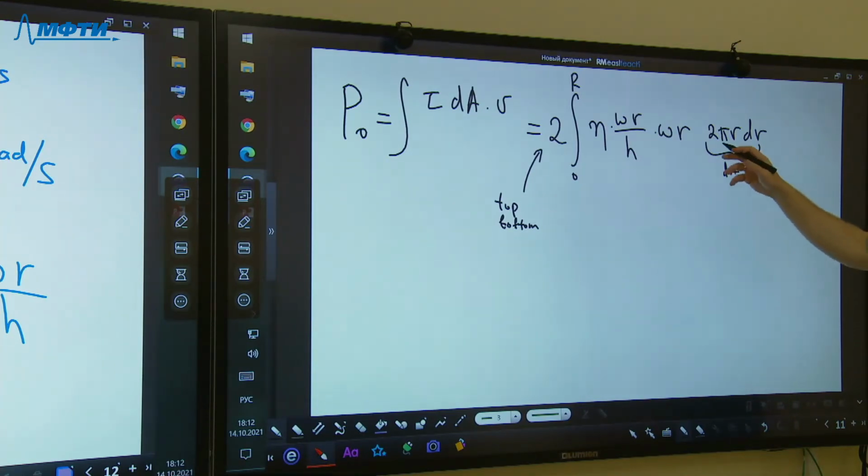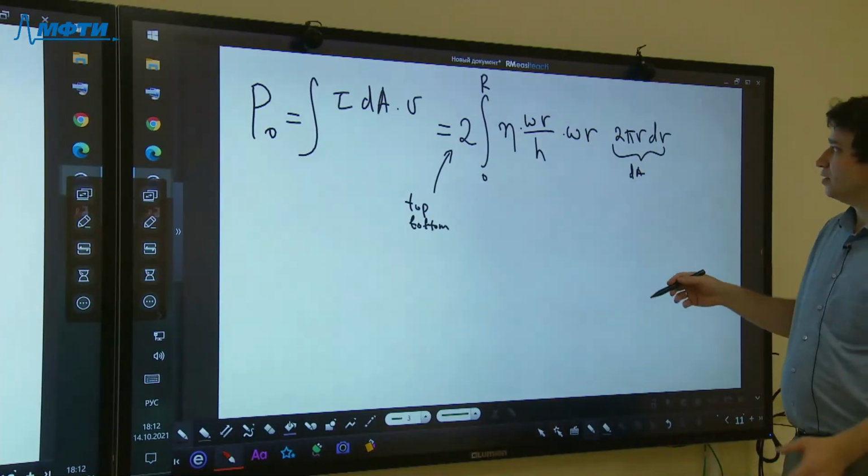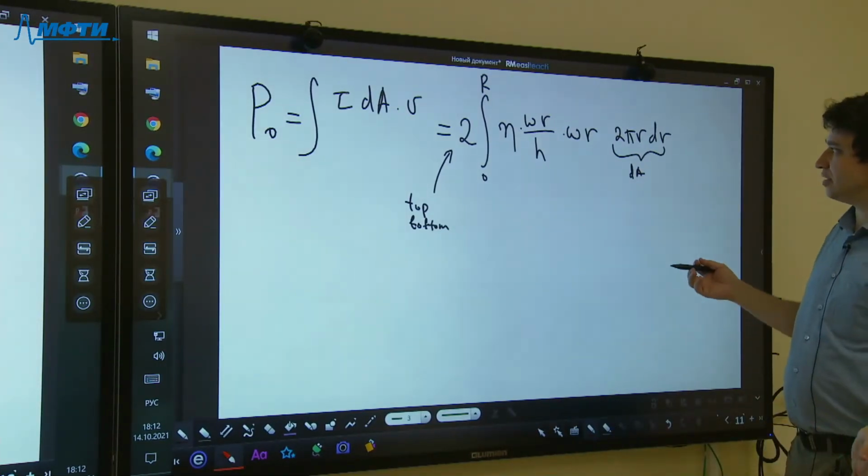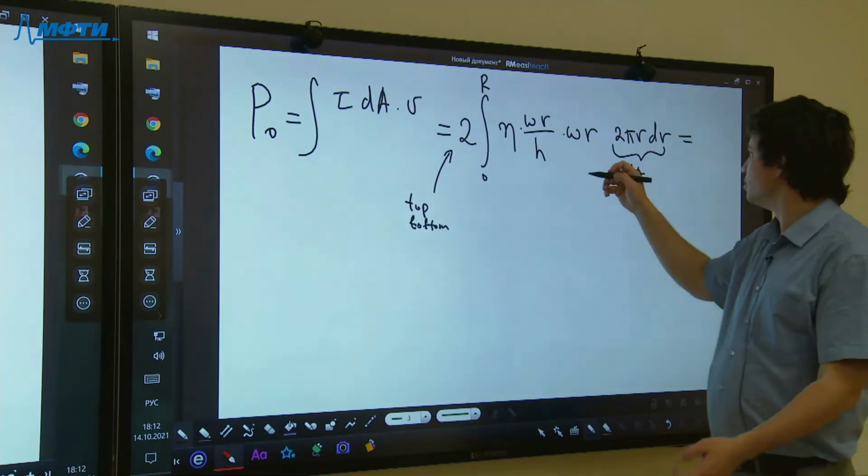So I can take circular elements of surface located at the same distance from the axis. Now I have this integral, and I just need to calculate it.